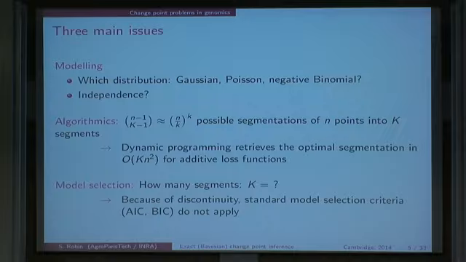And then we often face another problem, which is a model selection issue, where you have to choose how many breakpoints you have along your signal. One thing that also deserves to be mentioned is that the regular model selection criteria such as AIC and BIC are just not valid, because they all rely on asymptotic approximations that strongly rely on the fact that the likelihood is continuous.